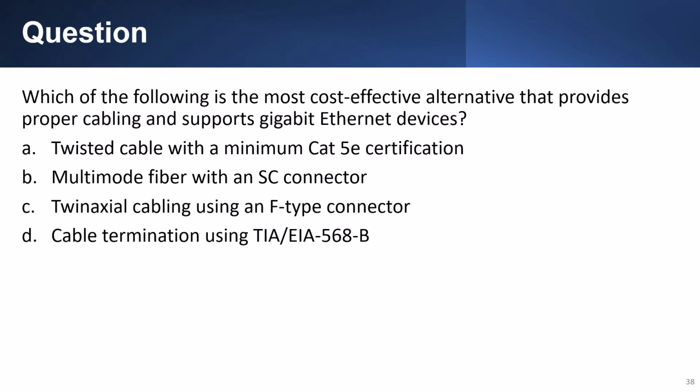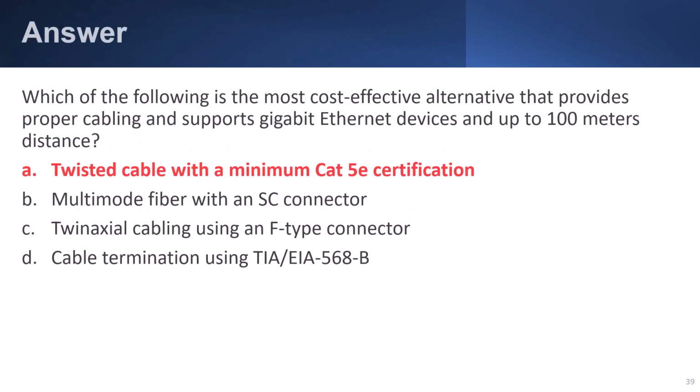Question: which of the following is the most cost-effective alternative that provides proper cabling and supports gigabit Ethernet devices and up to 100 meters distance? Answer: twisted cable with the minimum Cat5e certification.